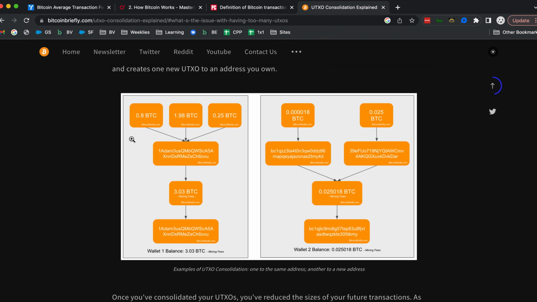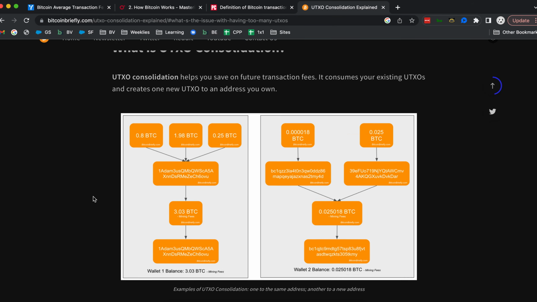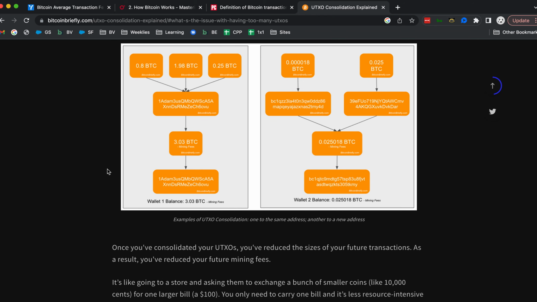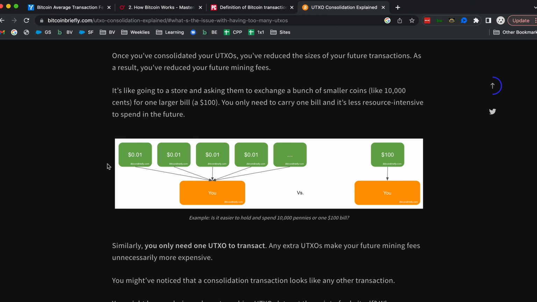So this is a really good example of how you might do this. In the future, if you did need to spend that 3 Bitcoin, you can send just 1 UTXO to Coinbase or to an exchange to turn that into fiat dollars, versus sending tens or hundreds of them without consolidation. So it's really important to get this across.